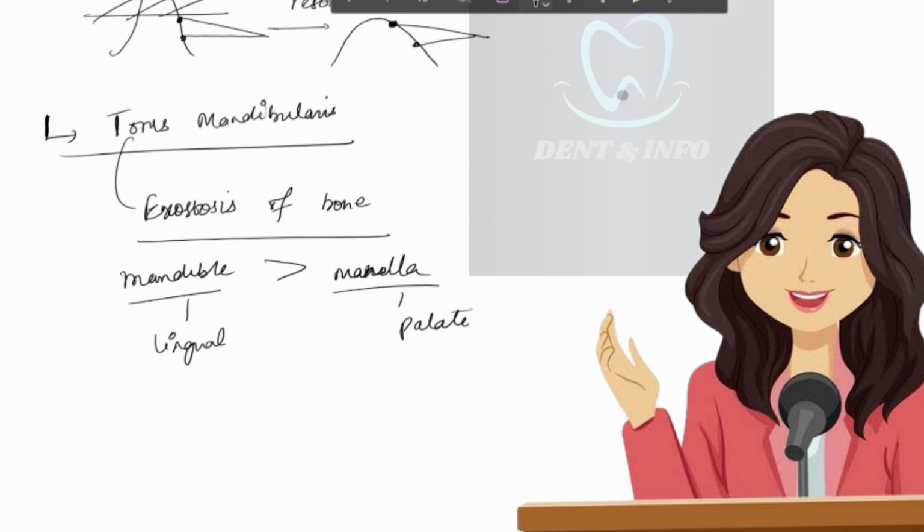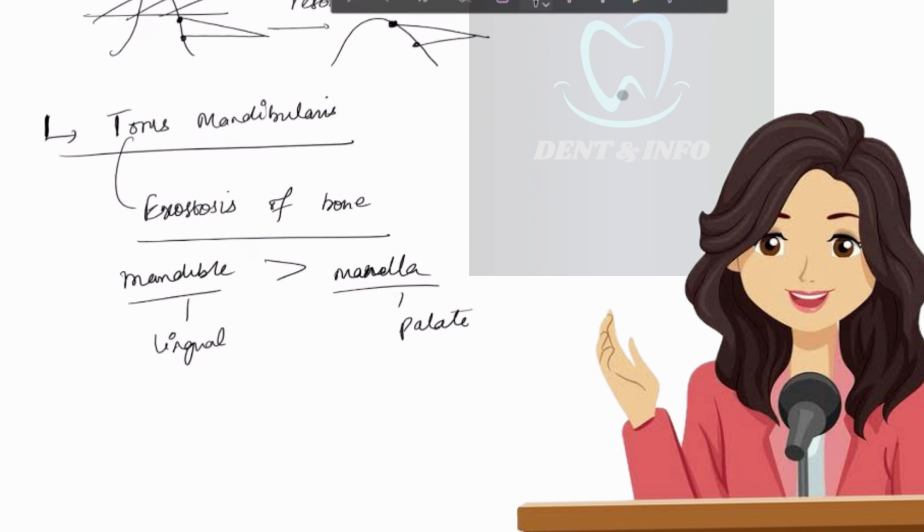The problems that we face with torus are what? It will prevent the sulcular heights. It will prevent impression material from going there. It will not give a smoother path of insertion. If it is very large in size, you will not be able to block it out under your denture. Then probably you need to go for surgical removal of it, or probably look at other means of prosthesis, or any other fixed prosthesis that could be employed.